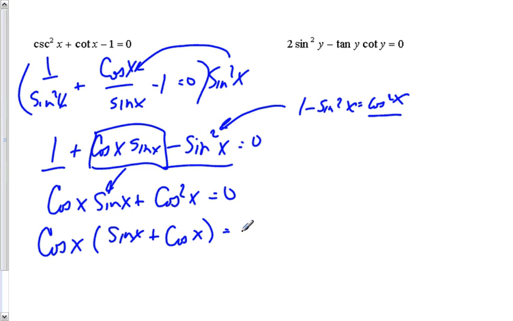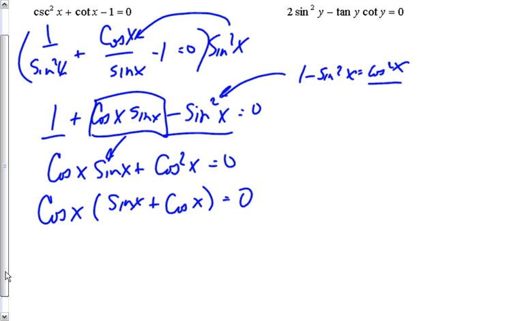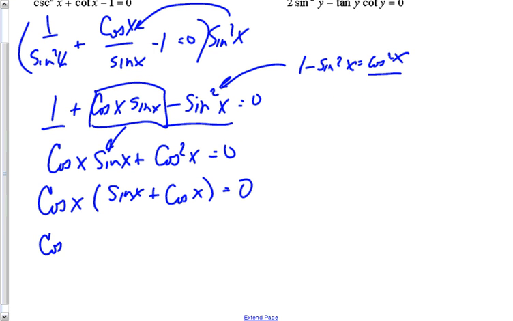We're in the very rare case that we get sine of x plus cosine of x. So, let's see what happens. I've got cosine of x equals 0, and I have sine of x plus cosine x equals 0 as well.